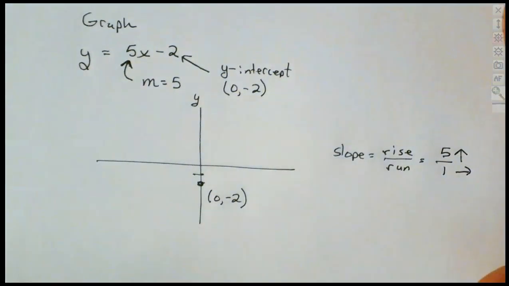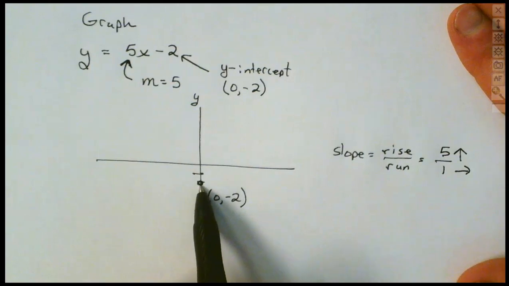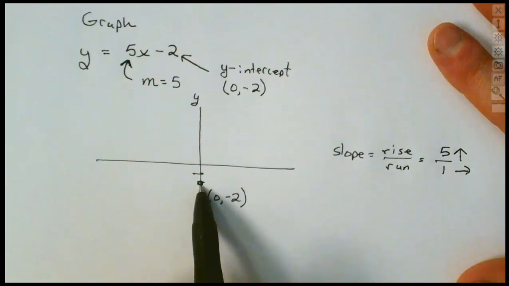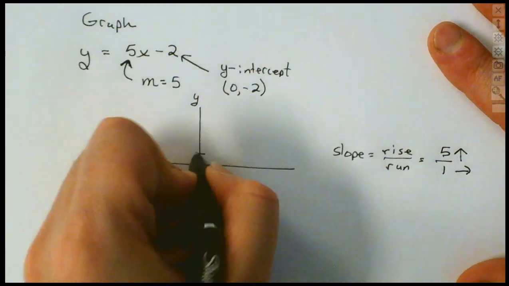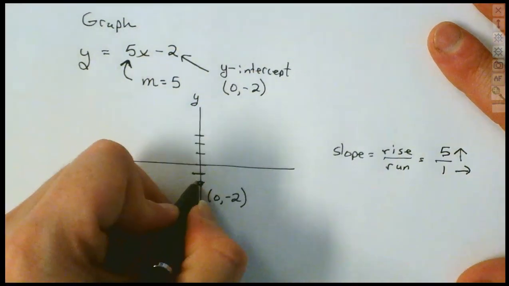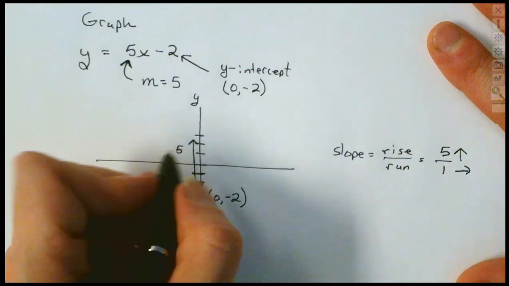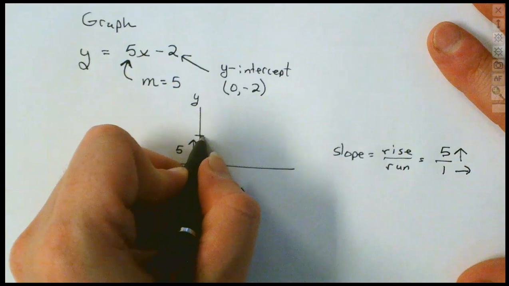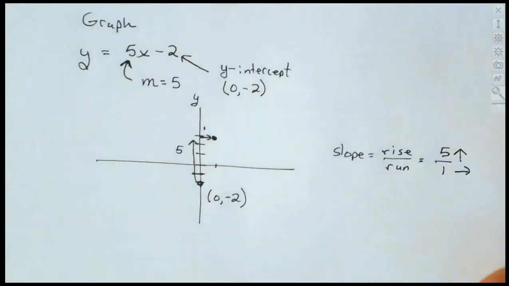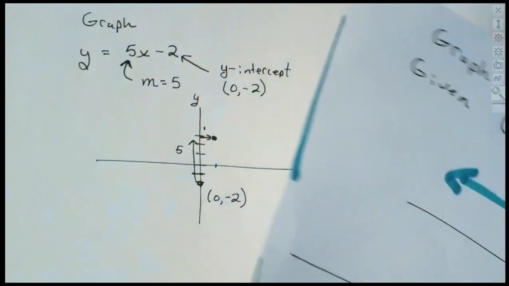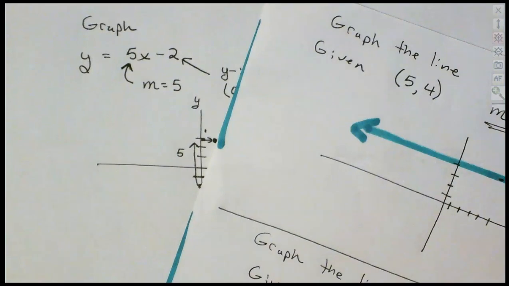Where do we start at? Start at our point that we found right here. From this point, go up 5. So 1, 2, 3, 4, 5. So you're going to have to go up 5 units, and then you're going to go over 1 unit. Make your second dot. Now that you have the 2 dots, you can connect them together, and that gives you your line.